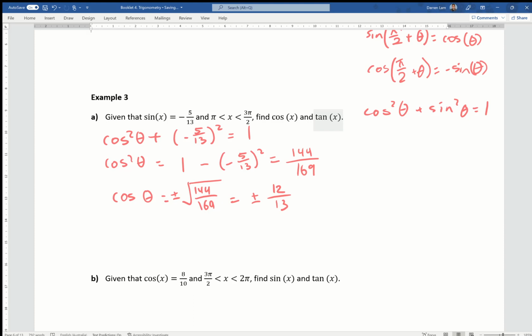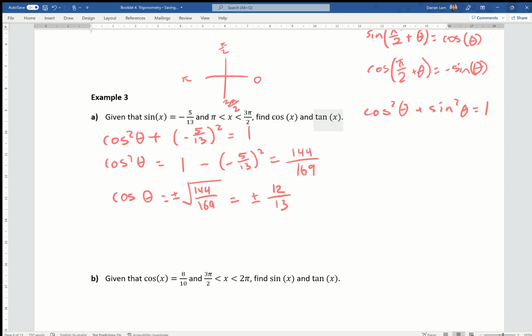Now, how do we decide whether it's plus or minus? Is there information that we've not used in the question yet? Well, yes. Domain, thank you very much. The x value, or the angle that we've been given, must be between pi and 3 pi on 2, so that's 0, pi on 2, pi and 3 pi on 2.